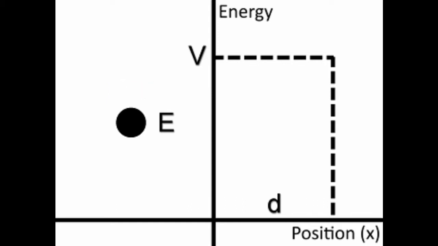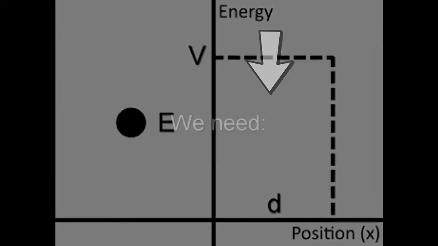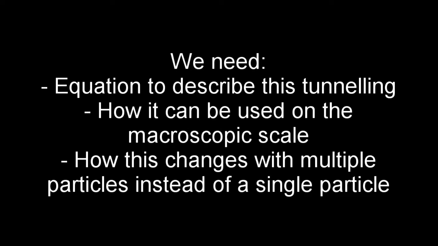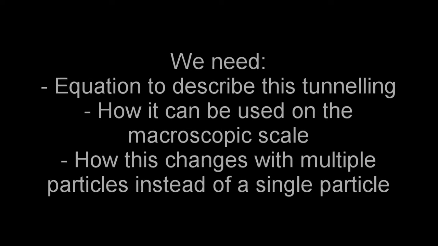We want to find out the probability for this one electron to pass through to the other side of this barrier with width of d. Now we want to find out the equation that can tell us this, and we also want to find out how we can use this to get a more macroscopic level, so it's for like humans, and we also need to see what happens if you have multiple particles.